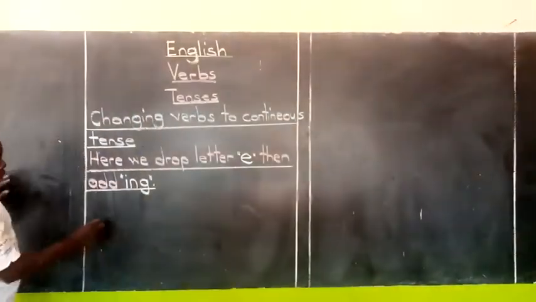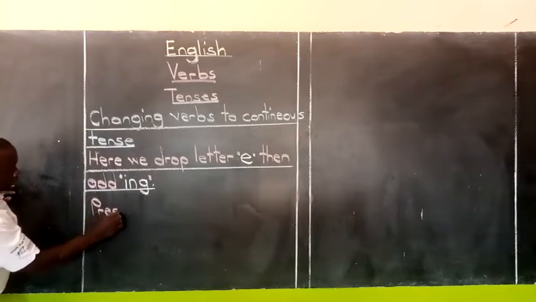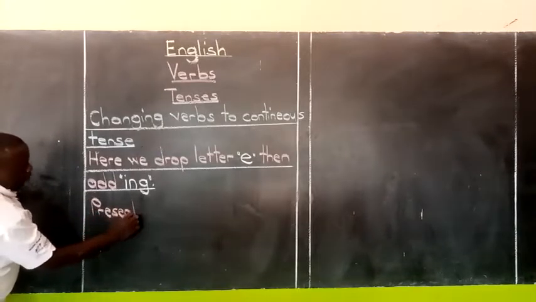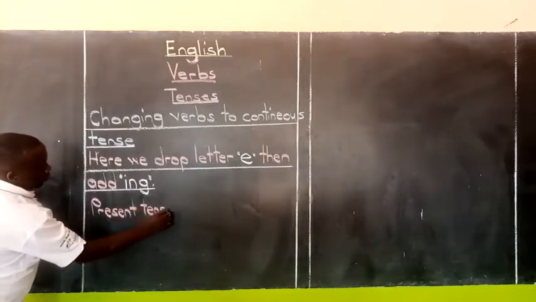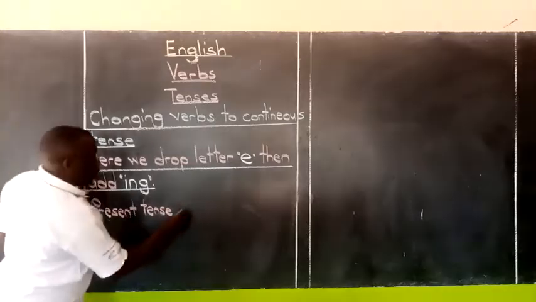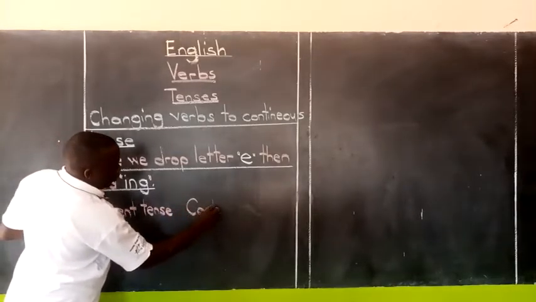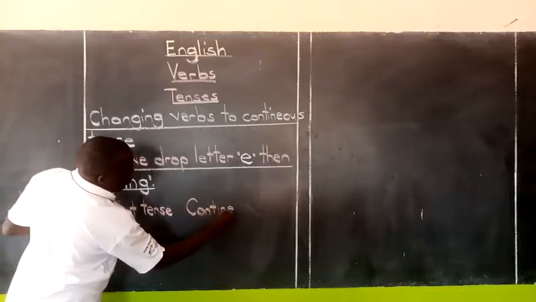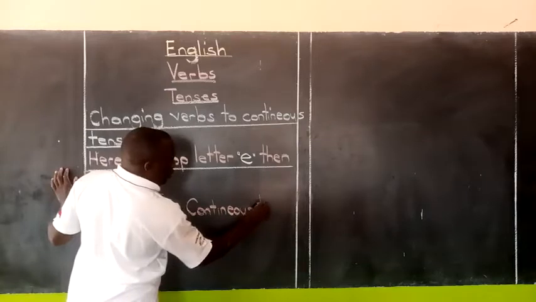So we shall have our table here. Present tense, this side. The other side we shall have continuous tense.